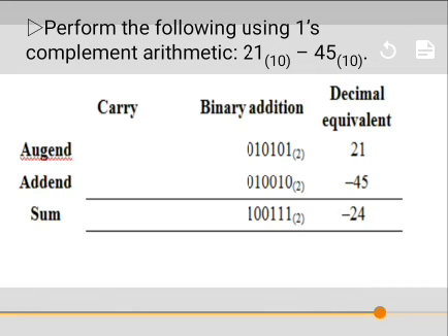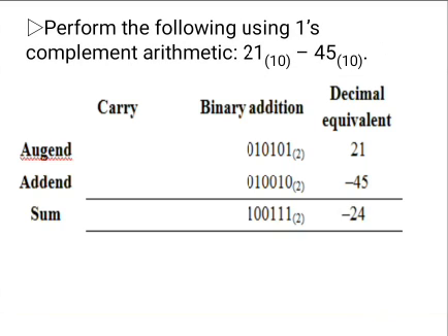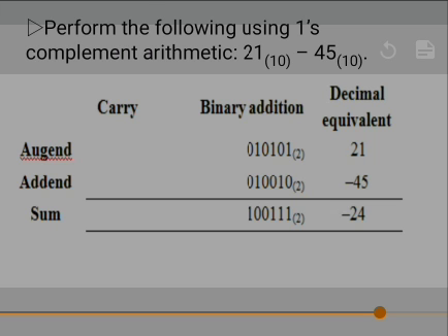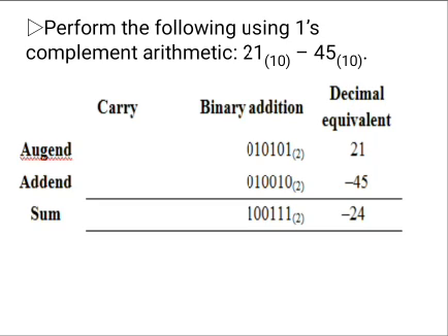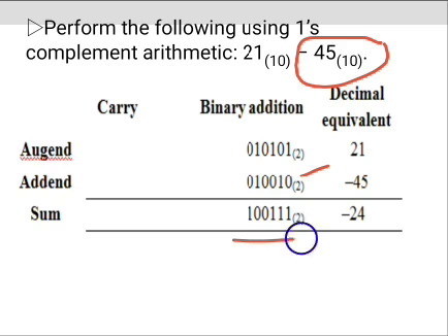And since 45 base 10 is in negative form, it appears in complemented form. So, by adding these two, you will get 100111, that is minus 24.